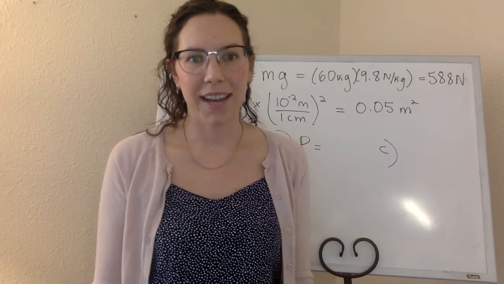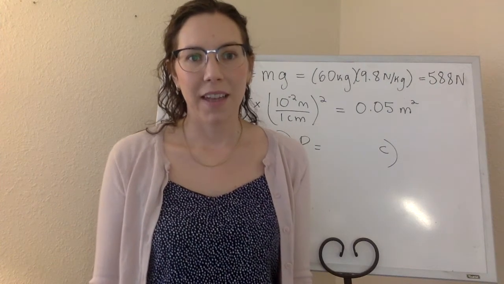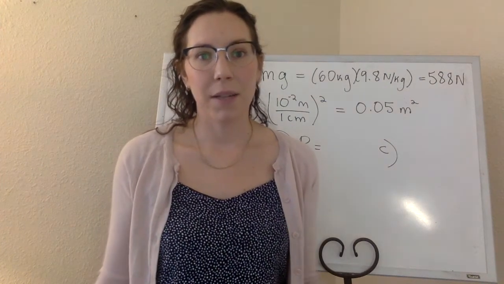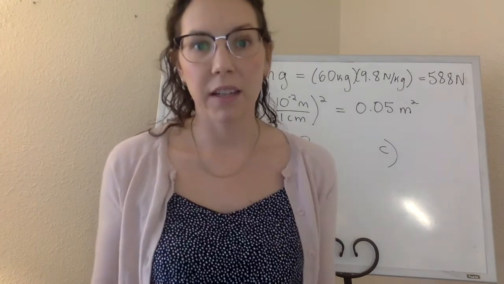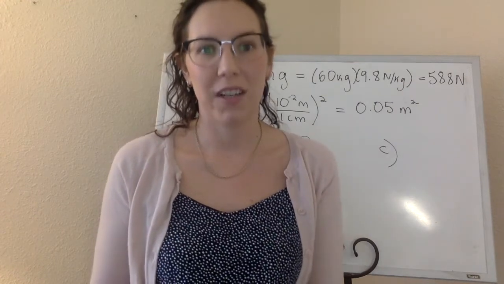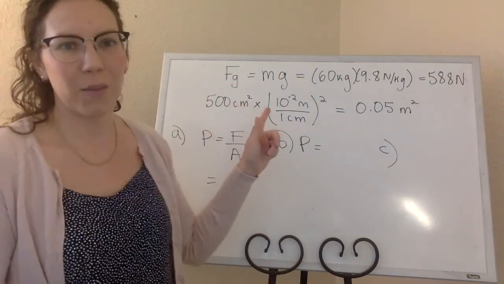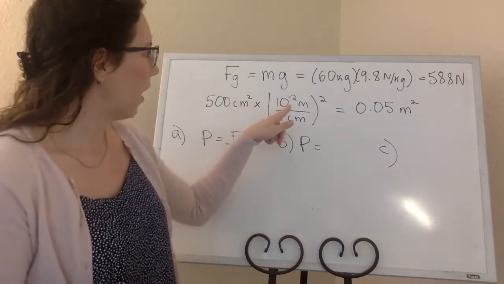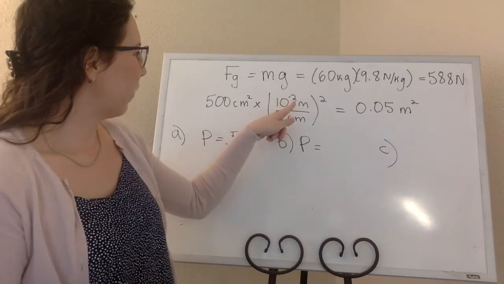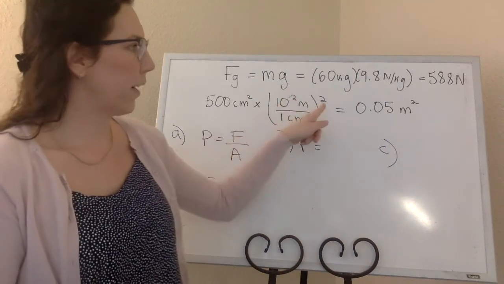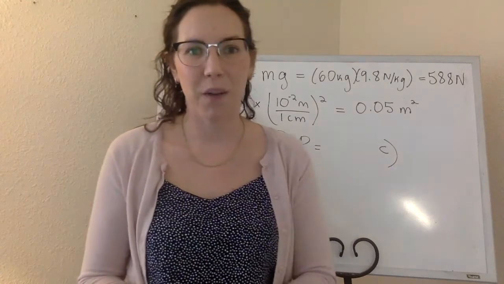Then if you notice our area is in centimeters squared, we will need to convert everything into SI units in order to have our pressure in pascals. Okay, so I've done one conversion here, the rest will be the same essentially, so we multiply by 10 to the negative 2 meters per centimeter, and squaring that factor gives me 0.05 meters squared.